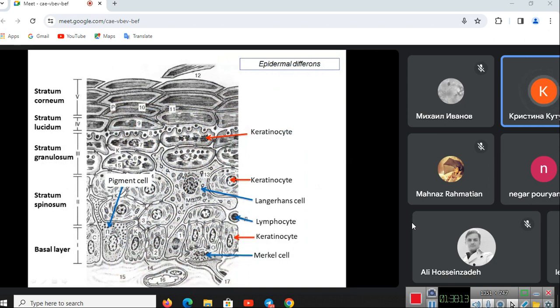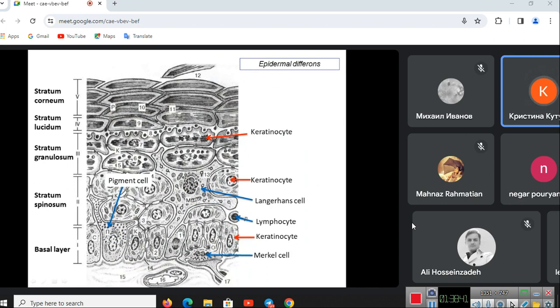So in the same picture that we have seen before, we can find all these cell differons. Most of the cells here are keratinocytes. What else can be found here? Langerhans cell, this one, macrophage, which catches bacteria.